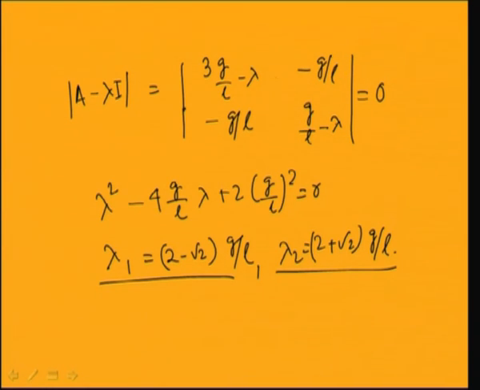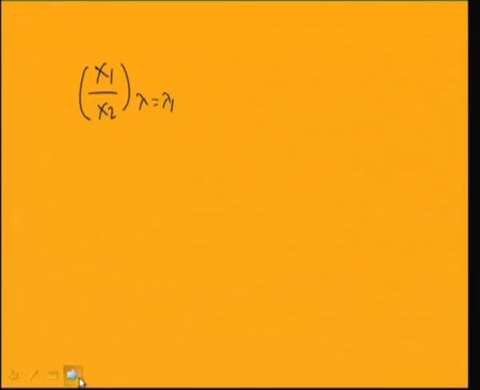So x1 by x2 is equal to G by L divided by 3 G by L minus lambda. For lambda equal to lambda 1 you substitute this lambda 1, and you find it equal to 0.4142.